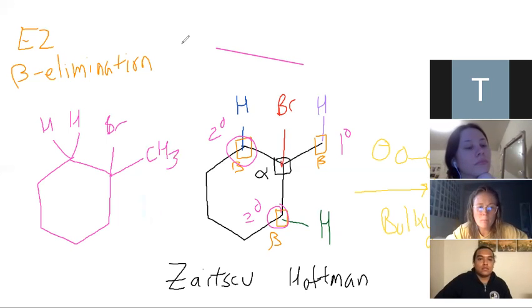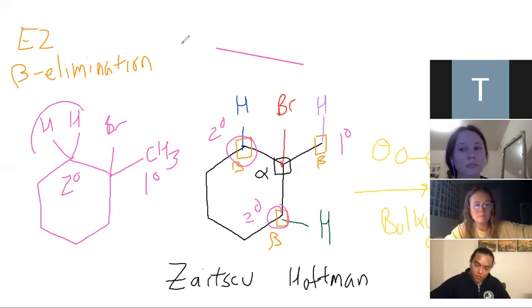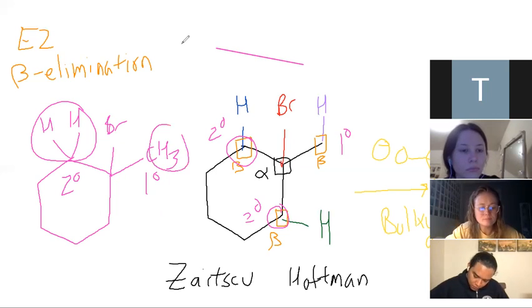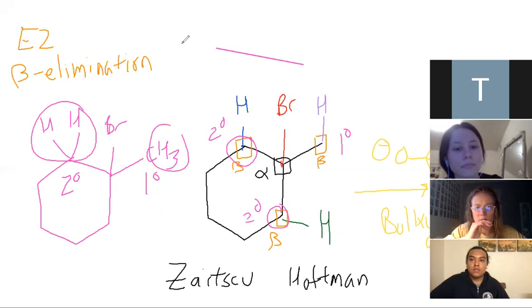So the Zaitsev rule says you will take a proton from the more substituted carbon, secondary versus primary, or you will take it from the carbon with fewer hydrogens. There's 2 there, 3 there. You can make that distinction either way, either if you can tell that it's a secondary versus a primary, or if you can tell that the carbon has fewer hydrogens. Does that make sense? You look a little unsure, Max.